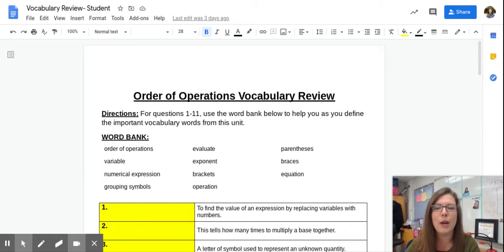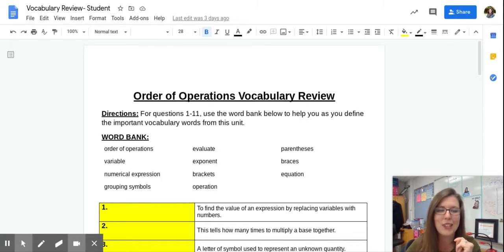Guys, as we approach this order of operations vocabulary review this morning, that's what I'm asking you to do. Think about those essential vocabulary words. Use those essential vocabulary words to practice today as you complete this. If you need reminders, if you get stuck today, visit two things.